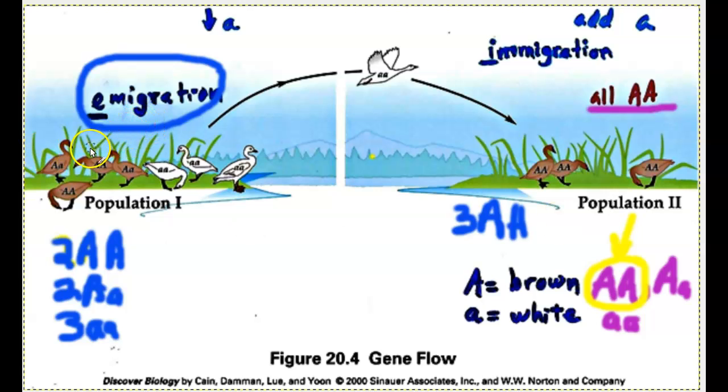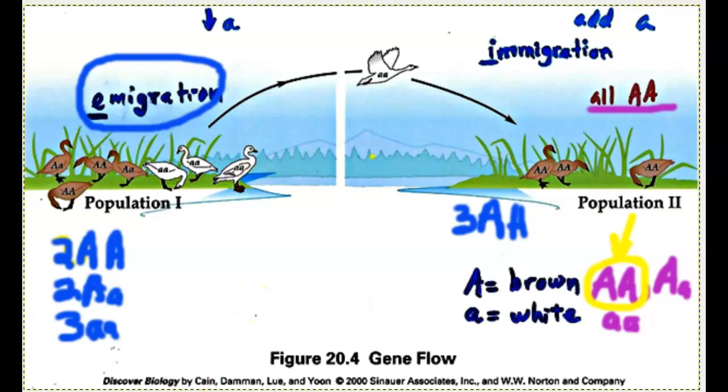So it's emigrating, leaving this one, entering this one. So that's totally going to be changing the allele frequencies. So gene flow, one organism going to another one, don't just think about that, think about the alleles that it's taking with it. So the gene pool is going to be changing in both of them.